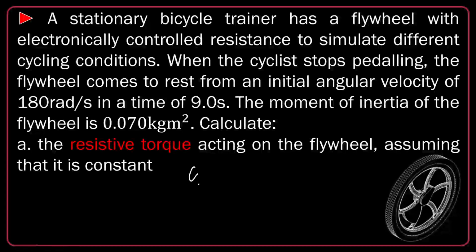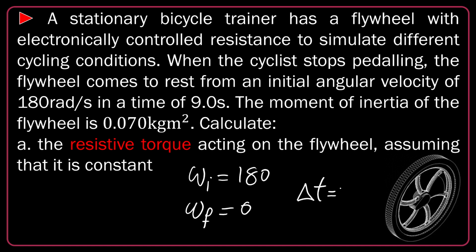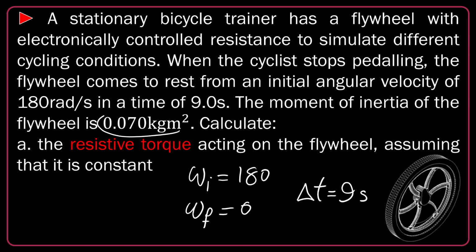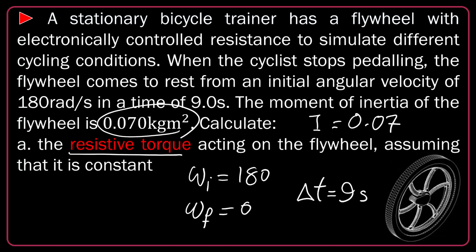Okay, means that initial omega is 180, it comes to rest, so final omega is 0, and the time interval is given to be 9 seconds. The moment of inertia is also given, so I is 0.07 in SI. Calculate the resistive torque acting on the flywheel, assuming that it is constant.